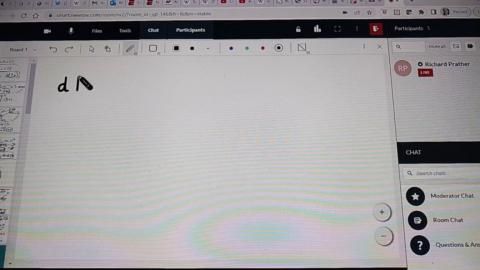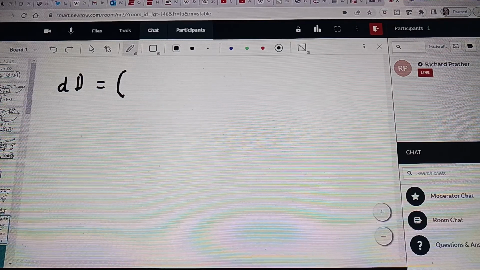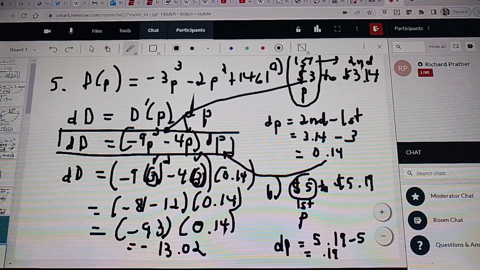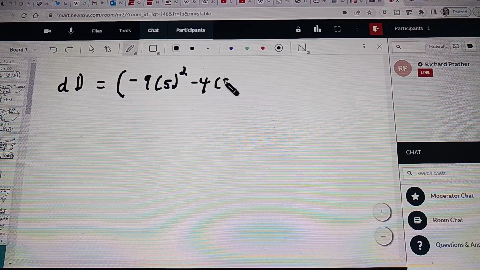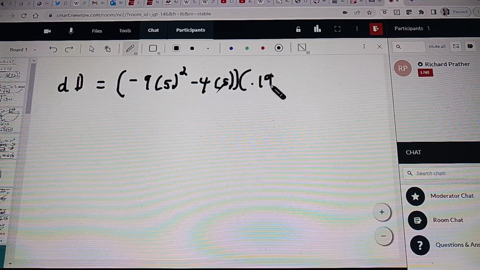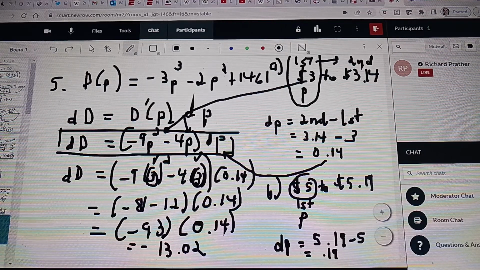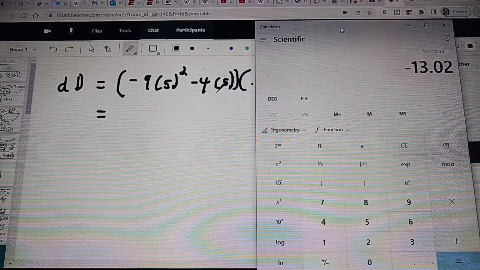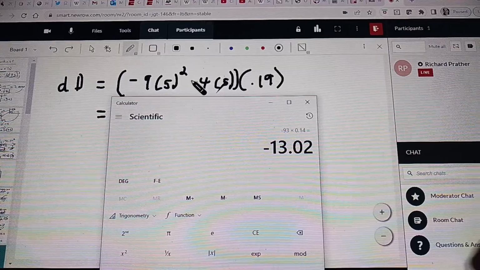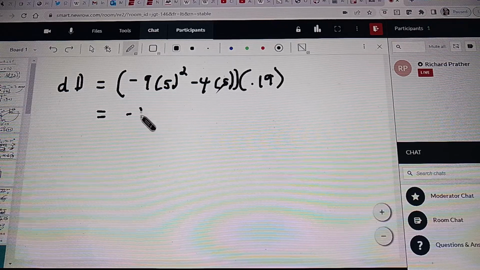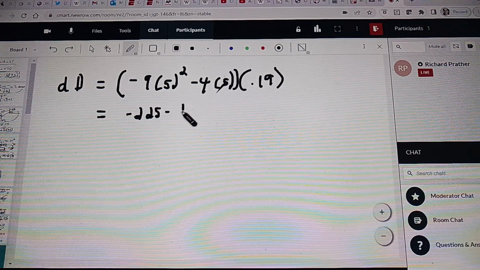The change in demand is negative 9 times 5 squared minus 4 times 5 times this 0.19 change in the price. So you're just recalculating with new numbers. So 5 squared is 25. Times negative 9 would be negative 225. 4 times 5 is 20.